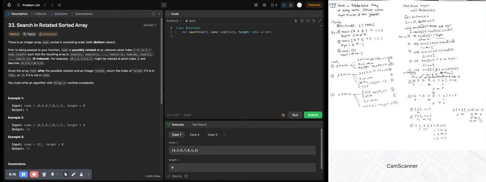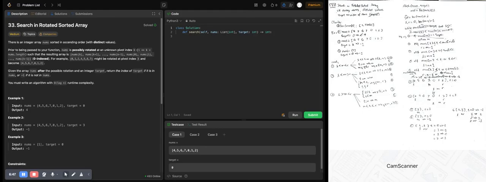So first we could do a binary search to find the start of the original nums, and then do another binary search to find the target.